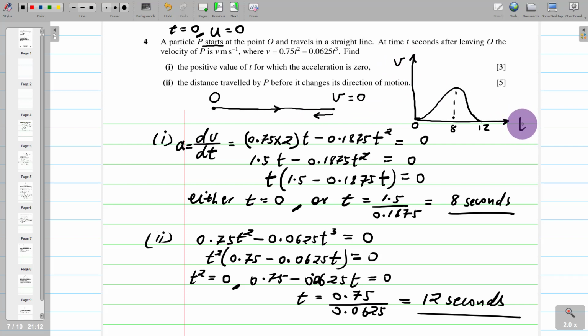This is v, don't forget, and this is t. So to get the distance traveled, we need to calculate the whole of this area. That means we need to integrate this expression, because the area under a velocity-time graph gives us displacement. So we need to integrate this expression and then use the limits from 0 to 12 in order to get that area.